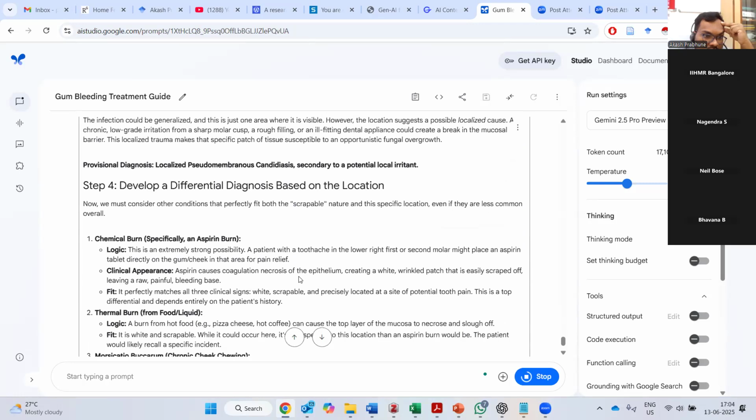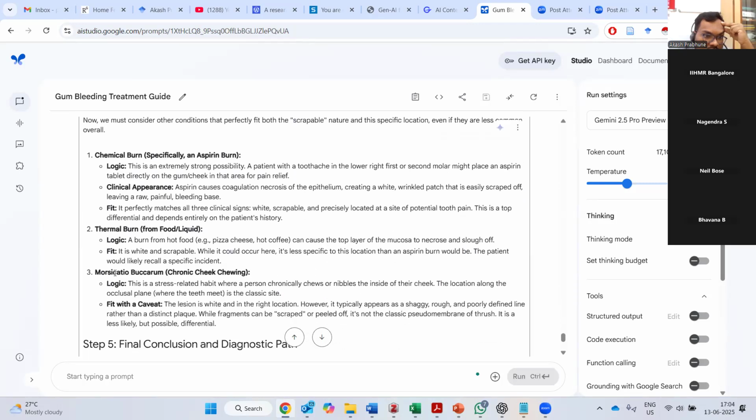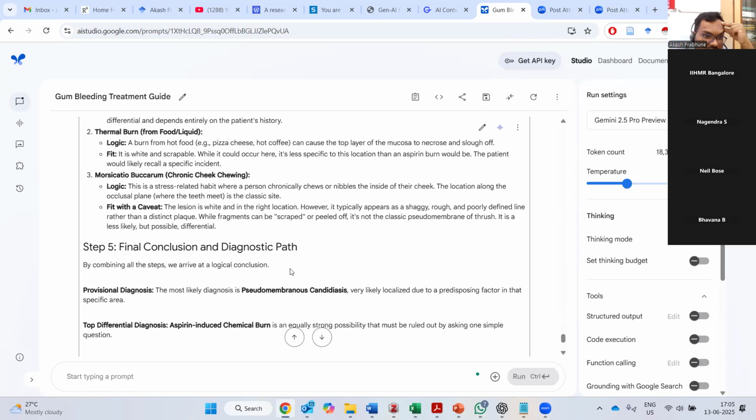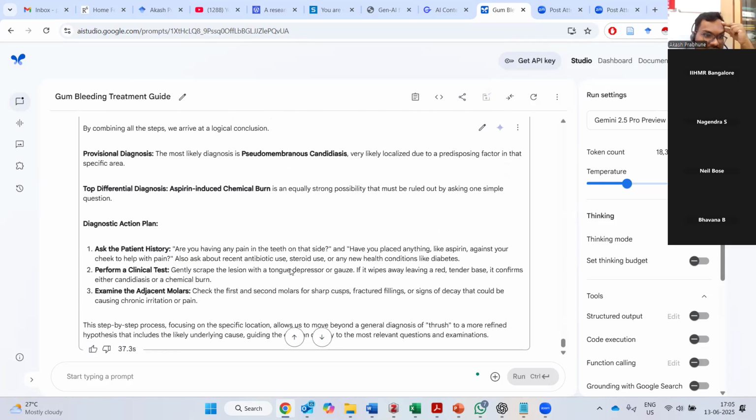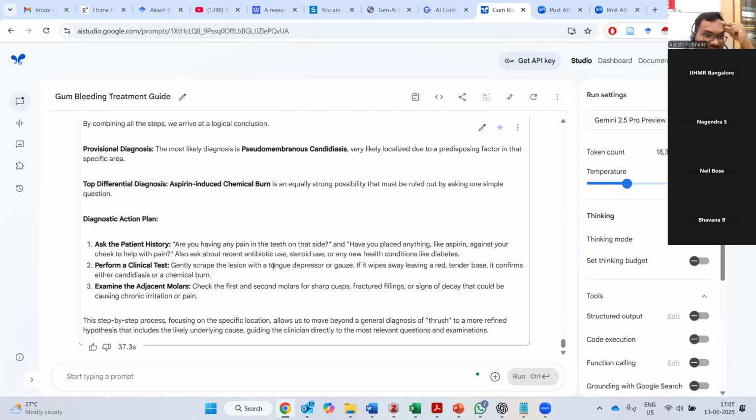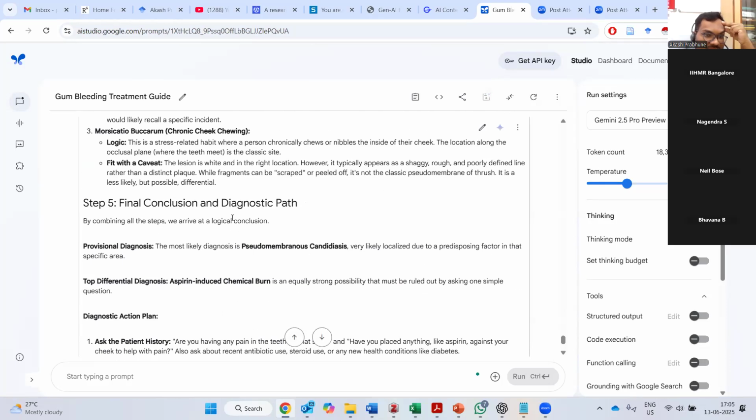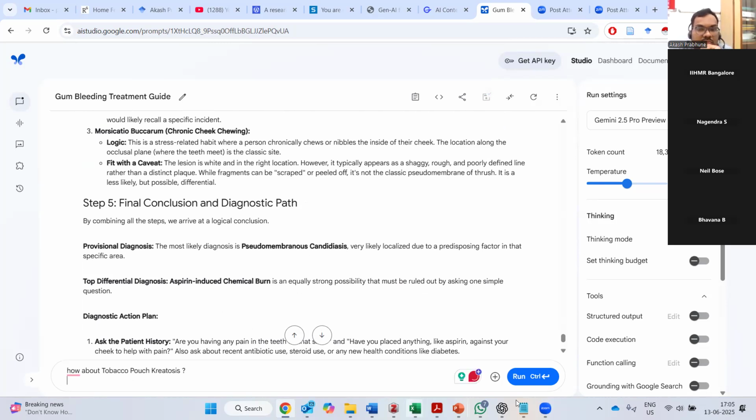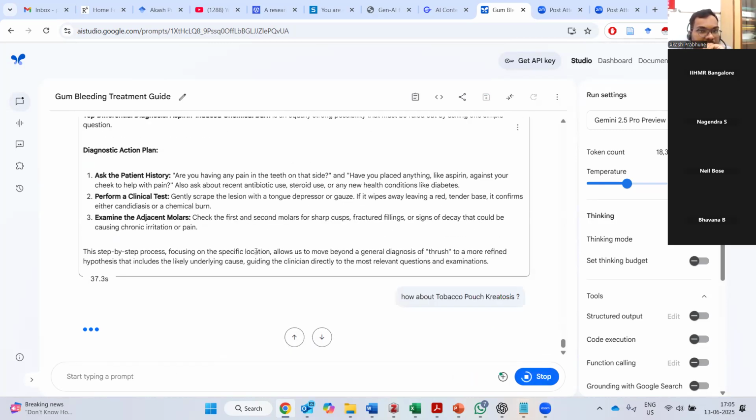Hmm. What is this thing? Chronic chewing. Okay, it's still not able to understand the problem, but I think that's where maybe this is not trained on tobacco pouch keratosis. How about tobacco pouch keratosis? It's thinking it's not scrapable. I don't think that would be there.